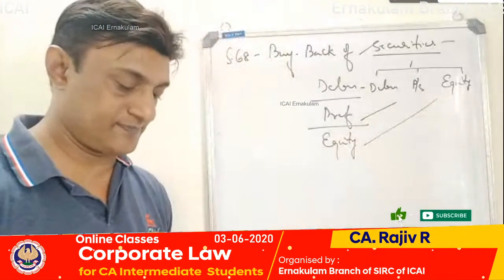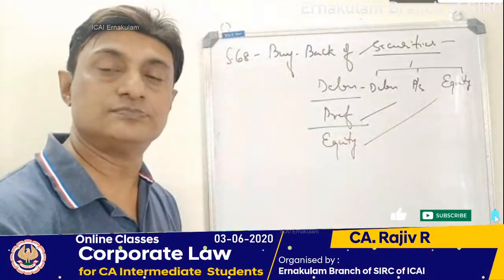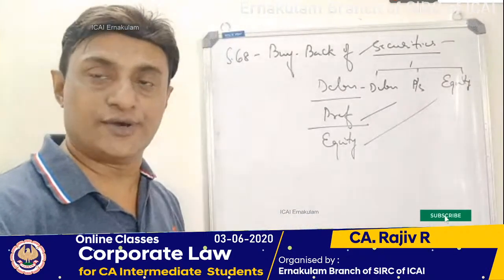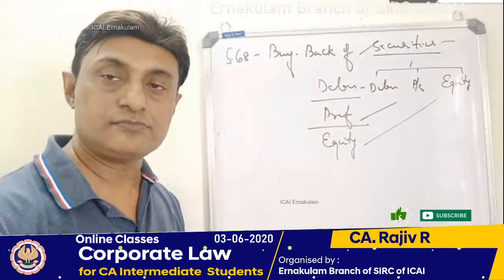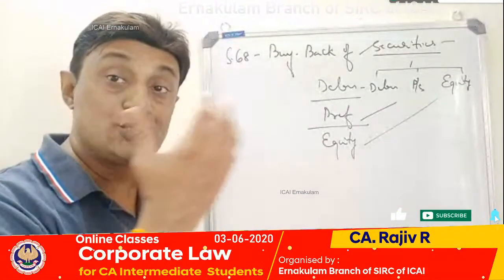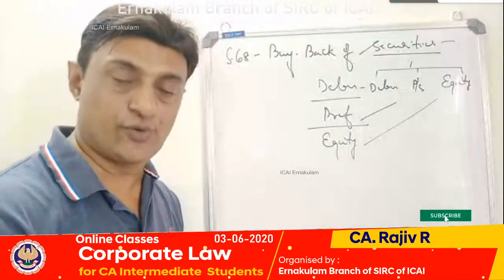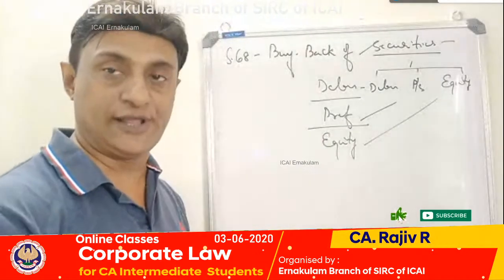Today, as of now, the concept is at least about 13-14 years old, allowing companies to buy back securities which had been issued before prematurely.